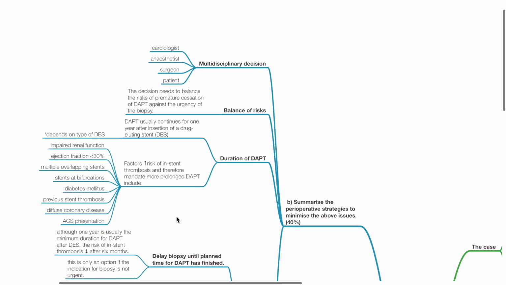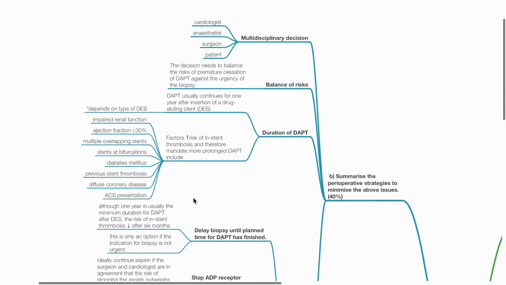Multidisciplinary decision should be made amongst the cardiologist, anesthetist, surgeon, and the patient. The decision needs to balance the risk of premature cessation of DAPT against the urgency of the brain biopsy and the duration of dual antiplatelet therapy. DAPT usually continues for 1 year after insertion of a drug-eluting stent.